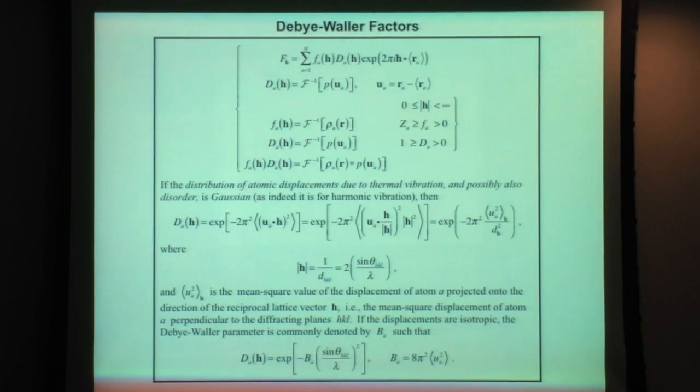Okay, so now we want to consider the modification of the atomic scattering factor due to the fact that atoms are never at rest. They're always undergoing thermal agitation, even at the absolute zero of temperature, because in the quantum chemical treatment of the harmonic oscillator, the first quantum level is slightly above zero.